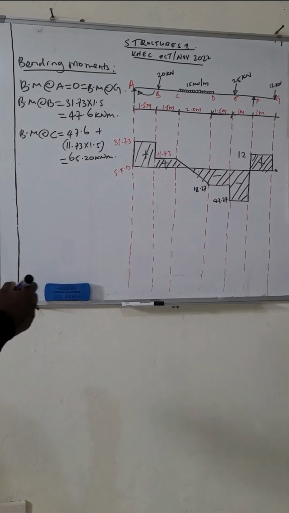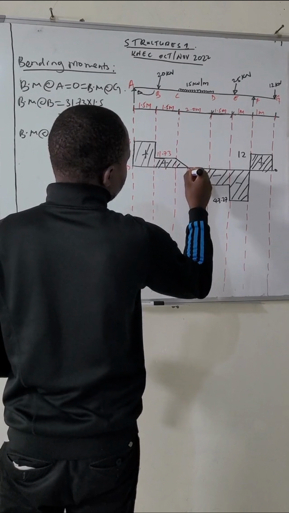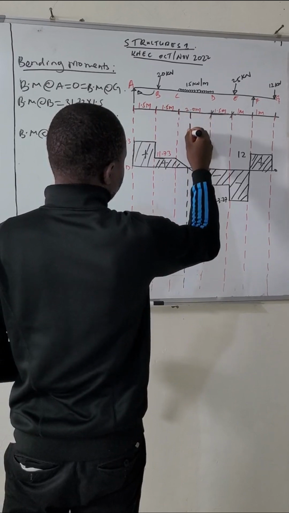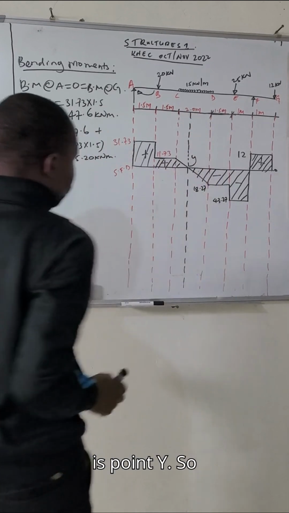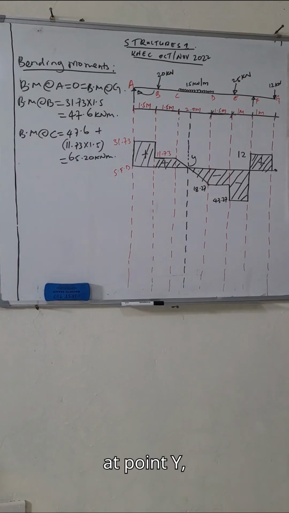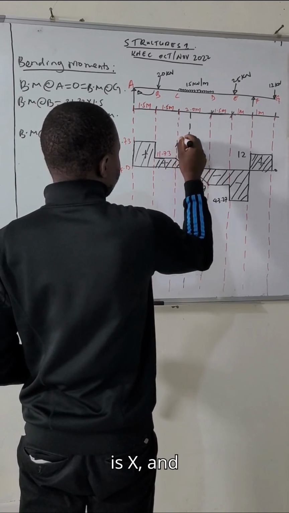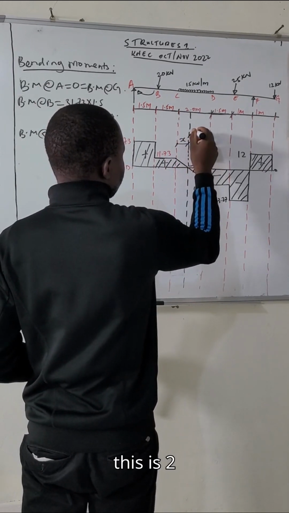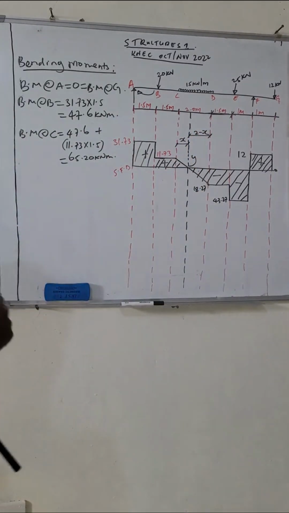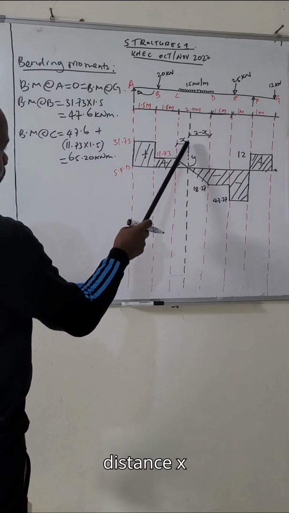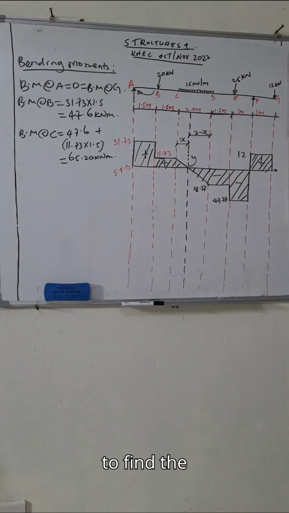Then bending moment at this point, let's say this is point Y. For you to get bending moment at point Y, you need to get this distance. Let's say this is X, and this is 2 minus X. You need to calculate X because it will help you find the bending moment at Y, which will be the maximum bending moment along the beam.